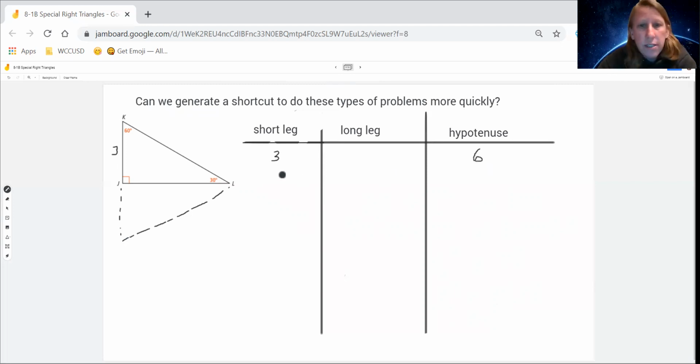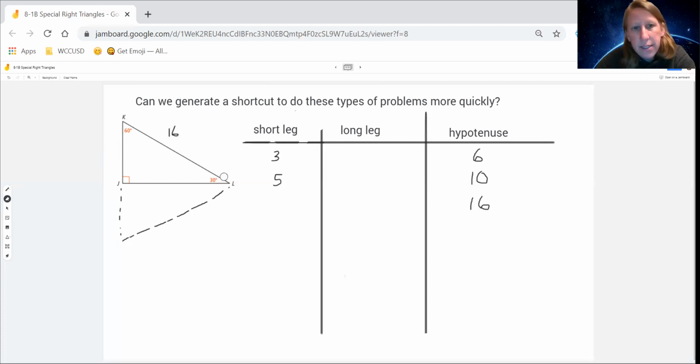All right, the one we just did, the short leg was 5. What was the hypotenuse? Do you remember? 5 and 5 is 10. This is 10, this is 10, this is 10. What if I worked it backwards? What if I said, hey, now I'm going to tell you the hypotenuse is 16. Can you work it backwards?